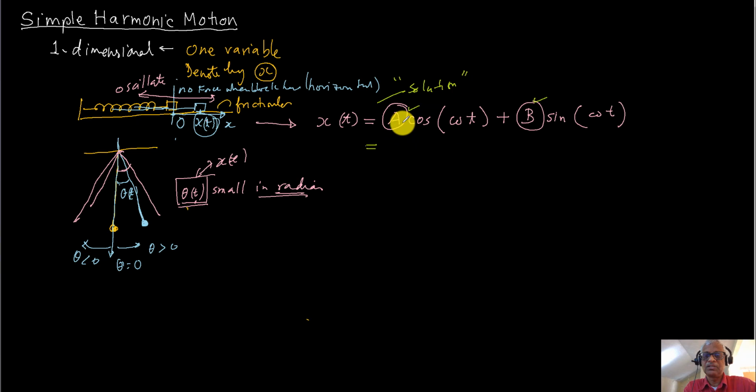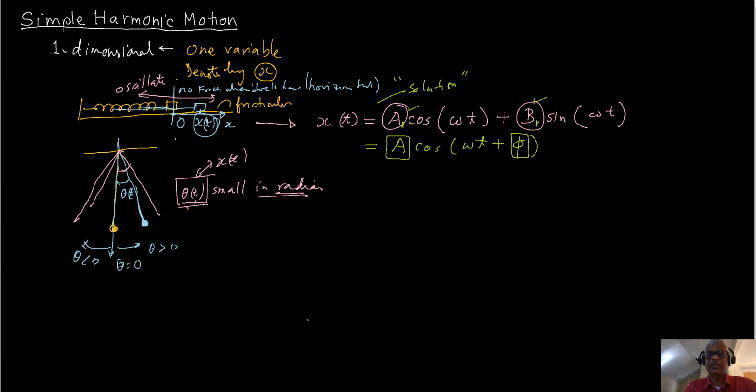So let's call these A1 and B1. Another way is some A, which is not A1 and B1 but a combination of them, times cosine of omega t plus phi. In this way of writing, these two depend on how you got started.